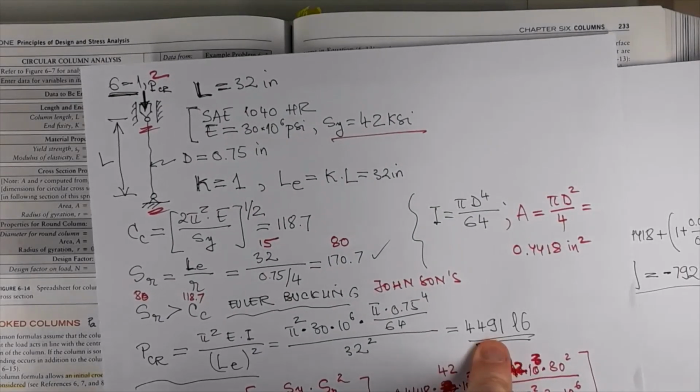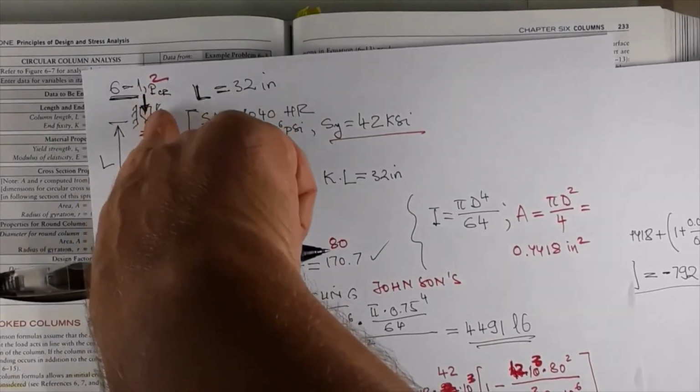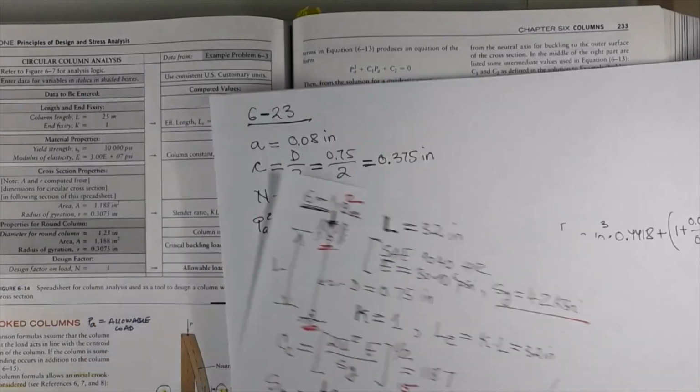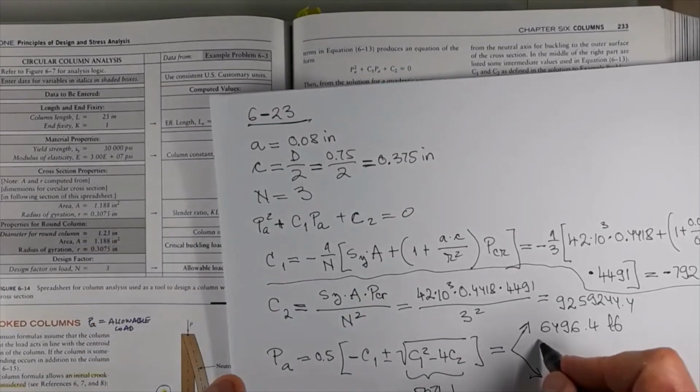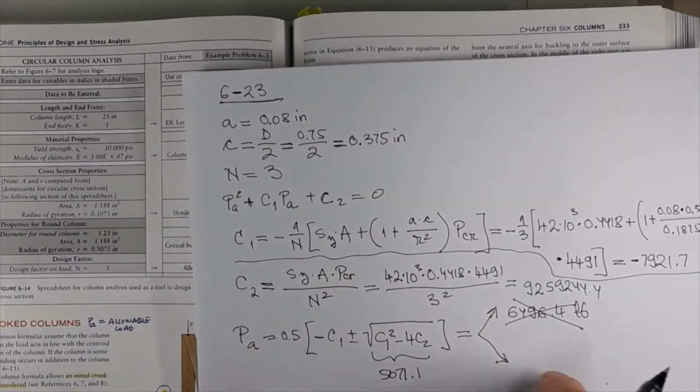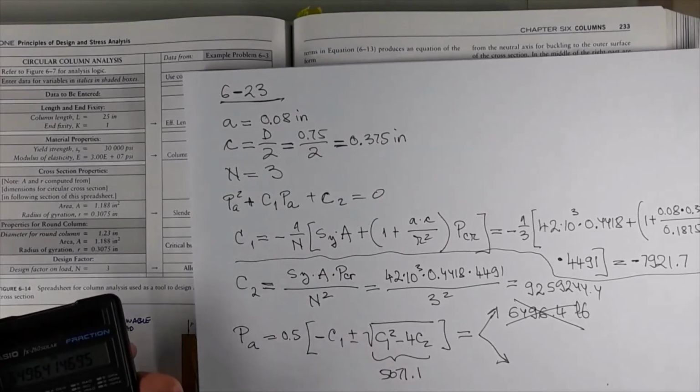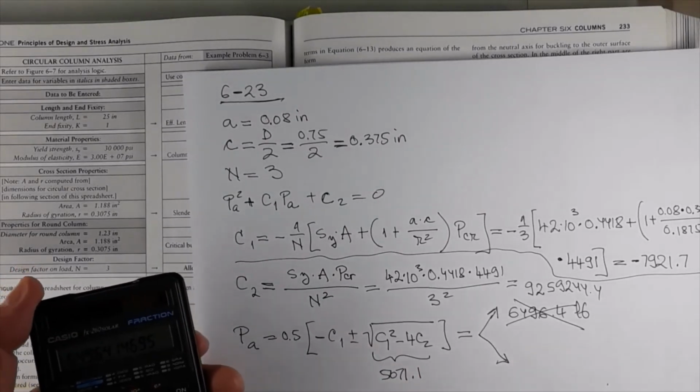It's a bigger value than the case with no crookedness, so clearly the second calculated value with minus is going to be the smaller value.